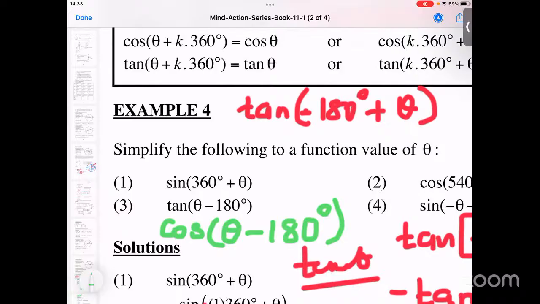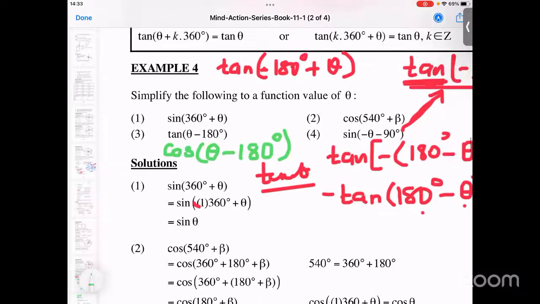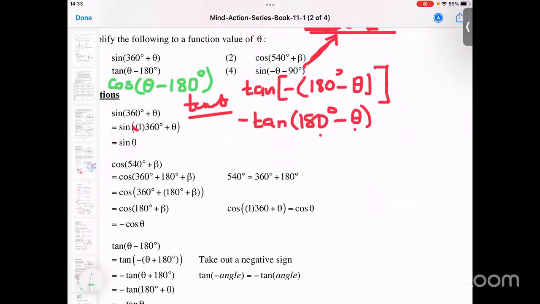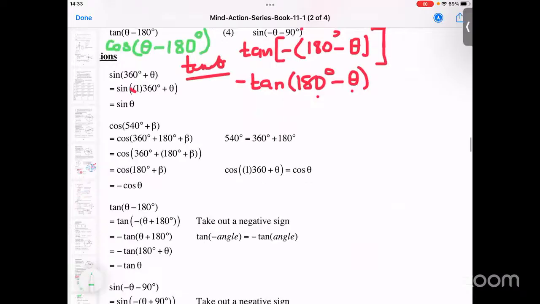Got it, sir. Okay, how did you work it out? I first swapped it, so it was cos of minus 180 plus theta in brackets. Okay, next step. Then it was cos, bracket minus bracket, 180 minus theta.